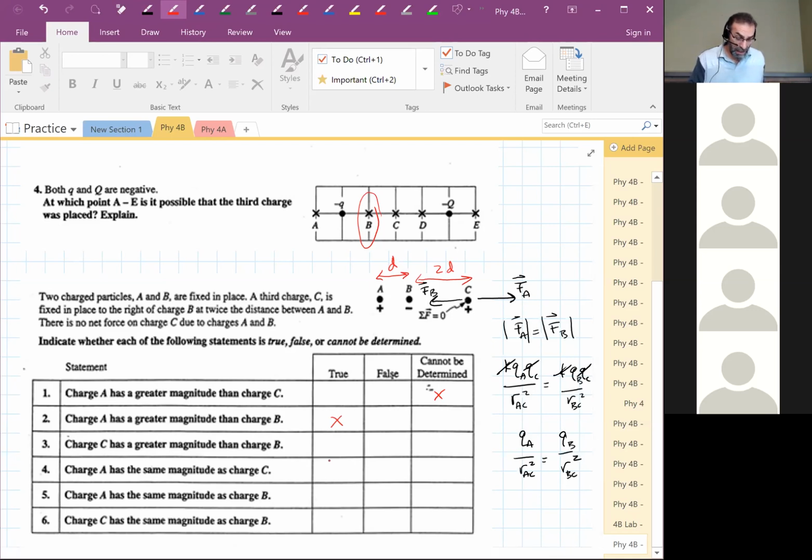Now we're comparing A and C again. We don't know anything about C. The question is, how can you get these to cancel if the charges are different or the distances are different? Because the charges have different magnitudes.